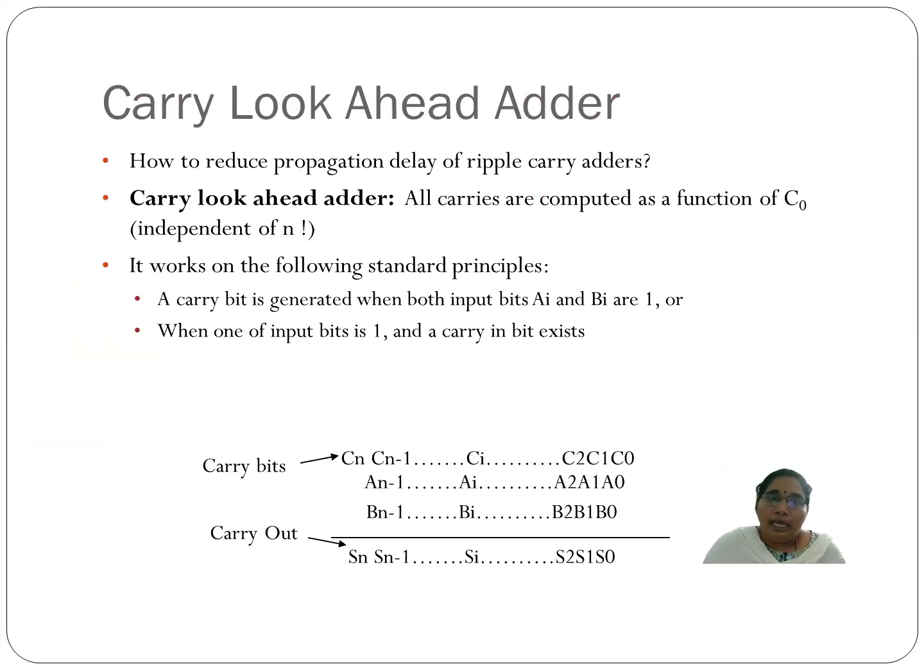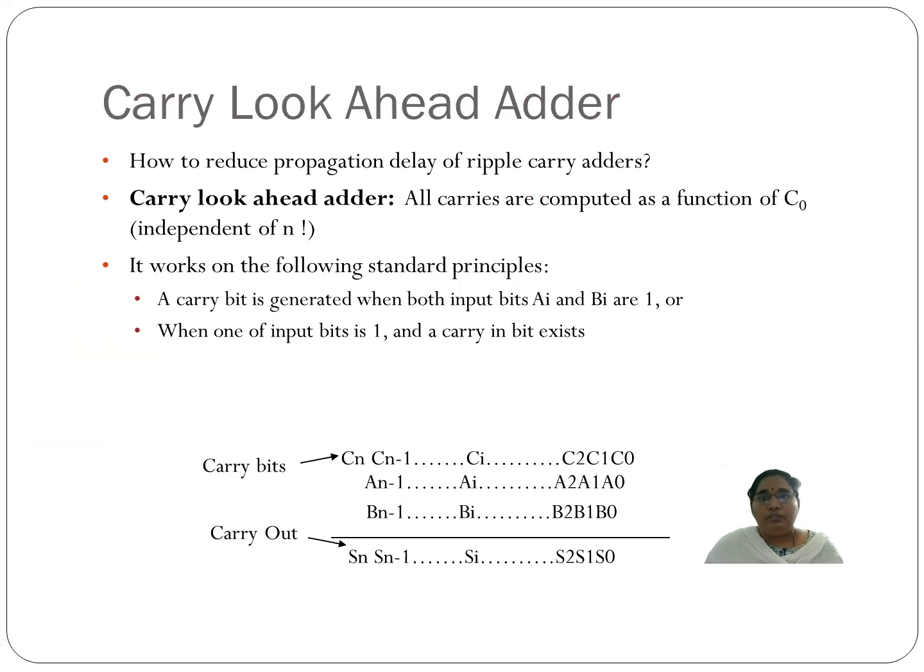But this carry look ahead technique is a faster way of getting the addition output. Beforehand, we will estimate whether there is a possibility of carry generation, or if there is a carry, whether there is a possibility of carry propagation to the next stage of the full adder.